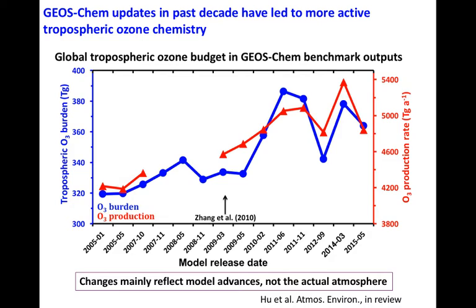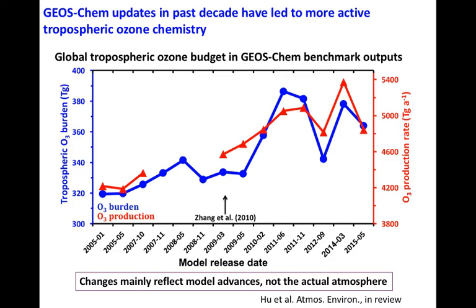Because those benchmarks are simulating exactly the same year, they're supposed to be the same, but actually we see this increase. This is due to many of you in this audience making this progress for us, updating the emissions, updating the chemistry, and as you have heard in those Caltech talks on isoprene chemistry, we'll have more changes in the future.